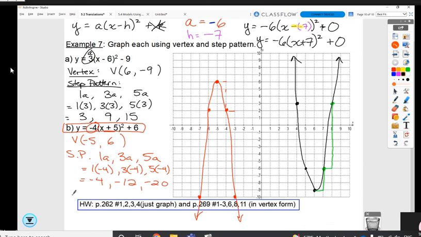I know it looks like an absurd amount, but it'll go fast. It will.